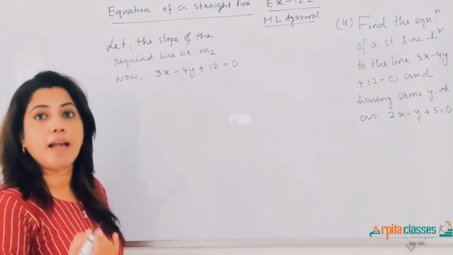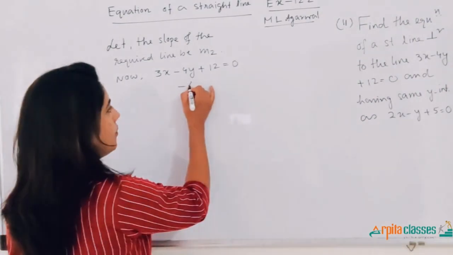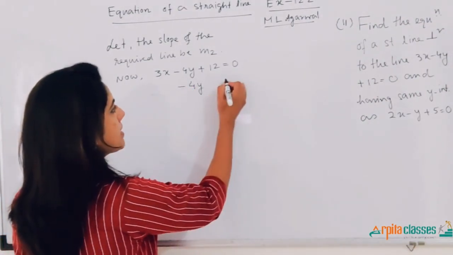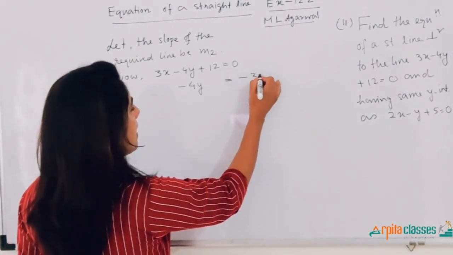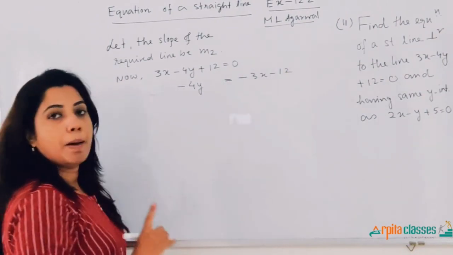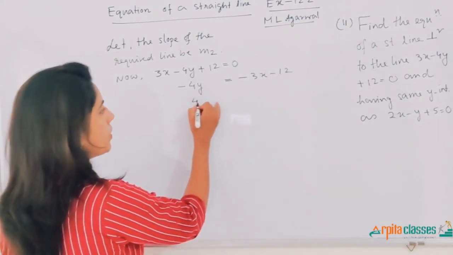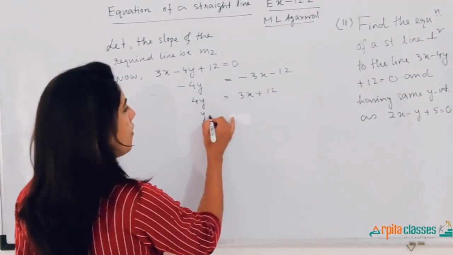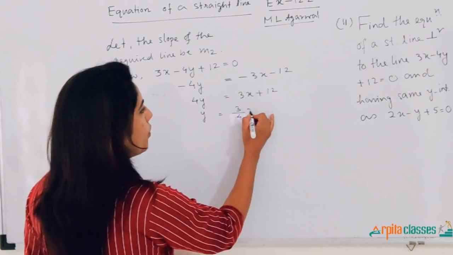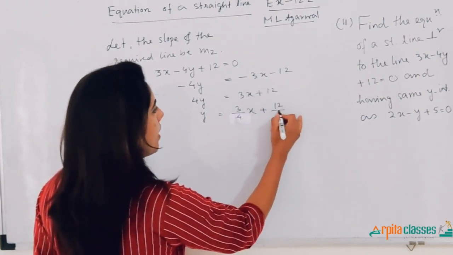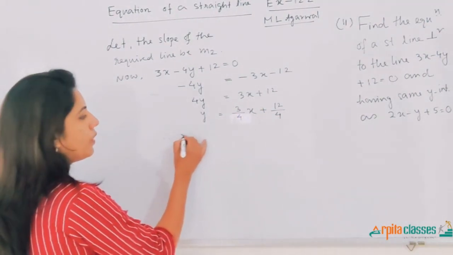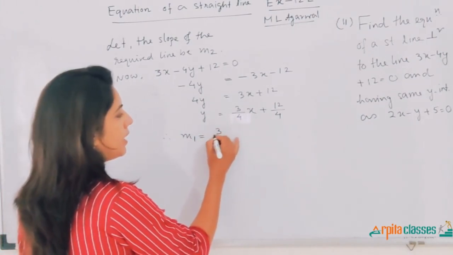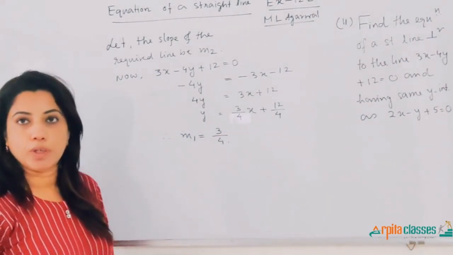From here we have to get m1. So we'll convert it into y is equal to mx plus c. So minus 4y is minus 3x minus 12. Multiply everything by minus 1. So it will be 4y is equal to 3x plus 12, or y is equal to 3 upon 4 x plus 12 upon 4. Therefore, the slope of this line, m1, is 3 upon 4.